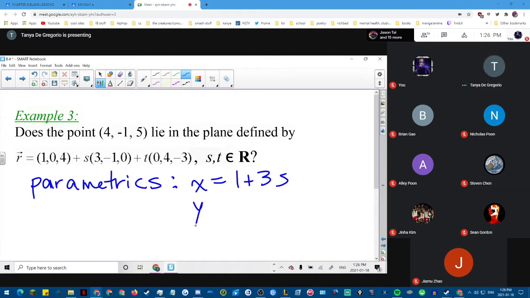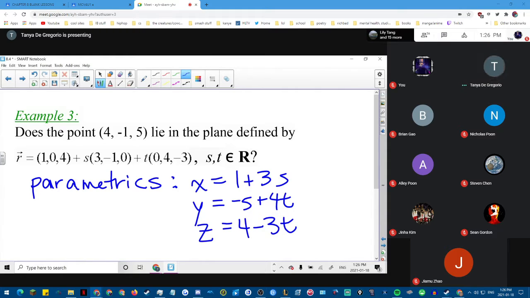Good. And then, negative s plus 4t. And then, 4 plus, minus 3t. Good. So there are my parametrics.